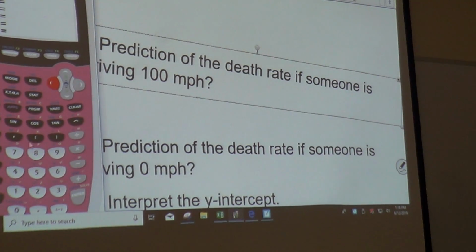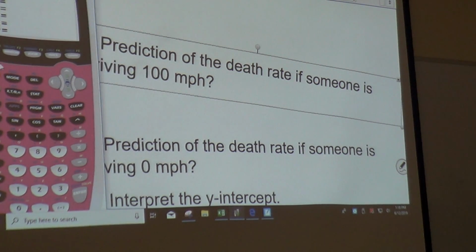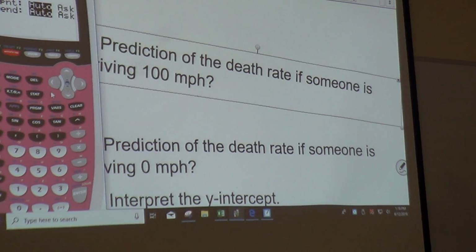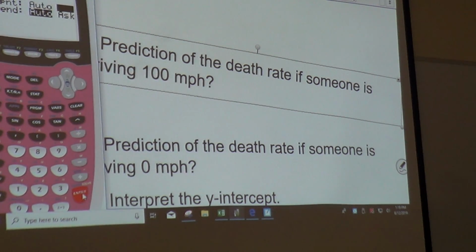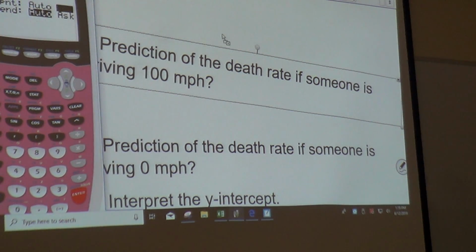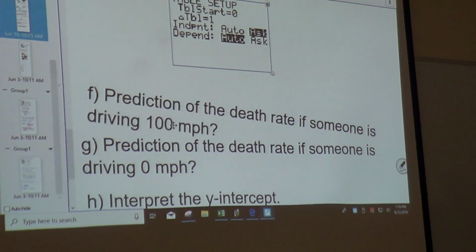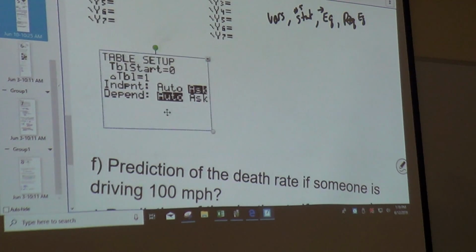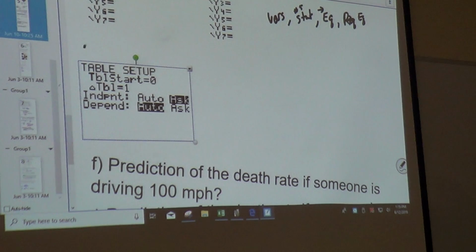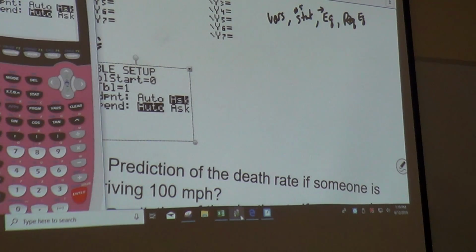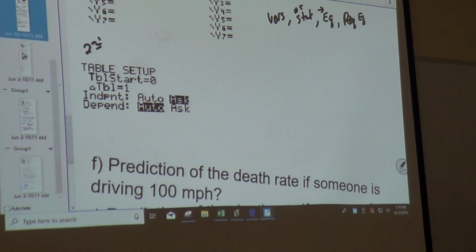So second, table set. The main thing when you're doing table set is that you want that very first one to be in ask mode. So you get on top of the word ask and hit enter. So I did second window.